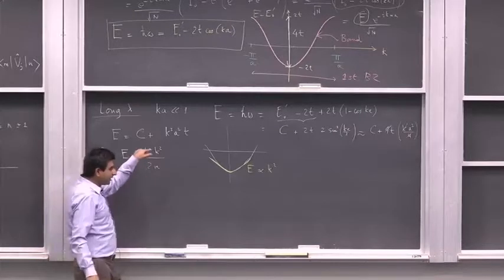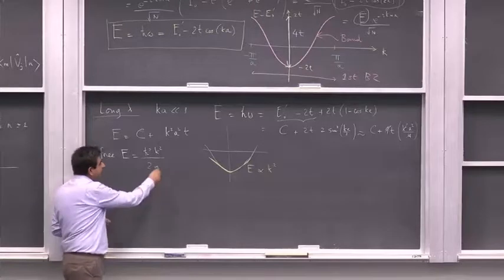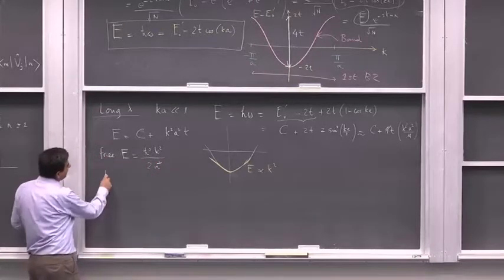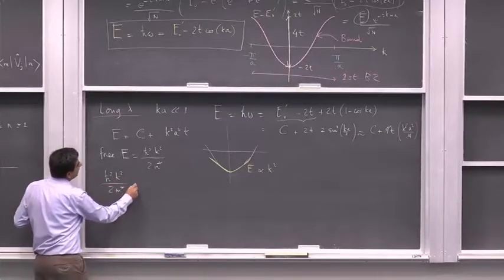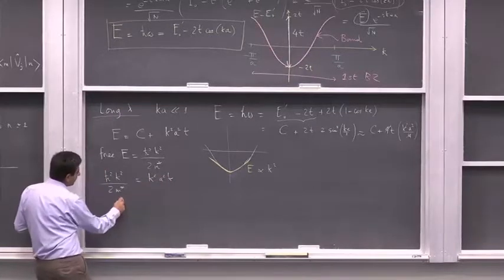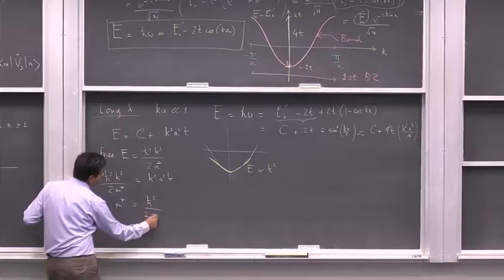So if you were to represent these electrons by free electrons in the long wavelength regime, then we can define an effective mass. That effective mass turns out to be the following: h bar square k square over 2m star equals k square a square t. So the effective mass is h bar square over 2a square t.